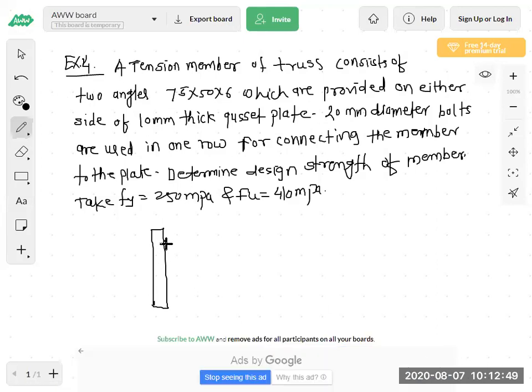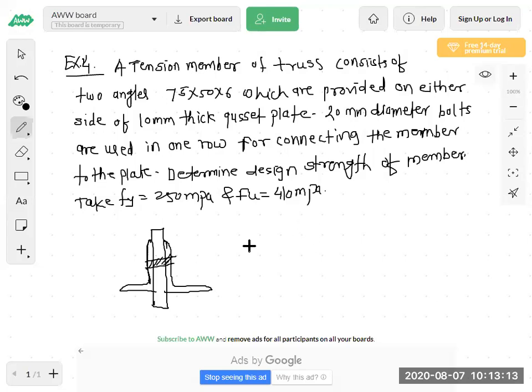So the angles are provided either side of the gusset plate. It means these are the two sides of gusset plate and these two angles are connected either side by 20 mm bolt. But they have not given here the number of bolts.